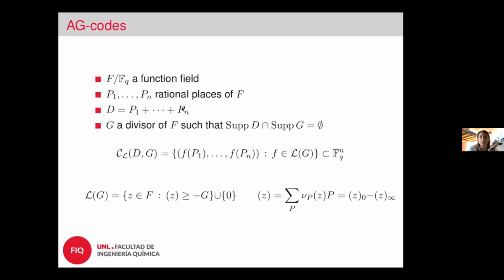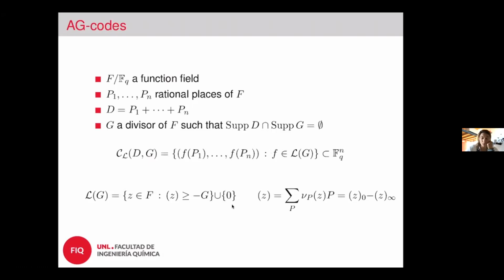And since I'm taking rational places, that is, of degree 1, these things live inside F_q. As Beth said, this is a generalization of Reed-Solomon codes, because we are not only having more points, but we are not only having polynomials here, but rational functions, taking care that the poles of these functions are bounded by the ones that are in G.